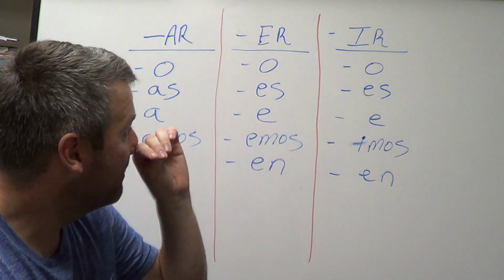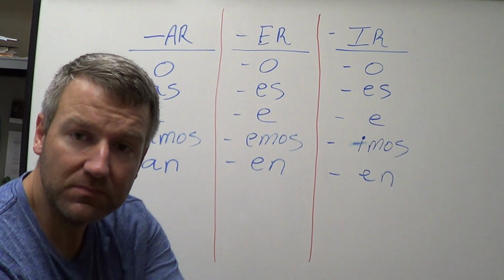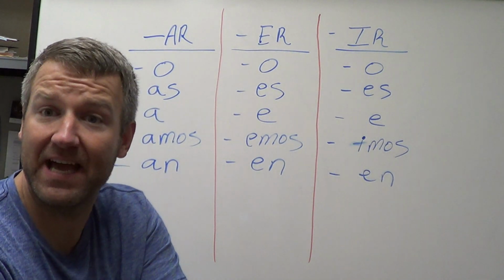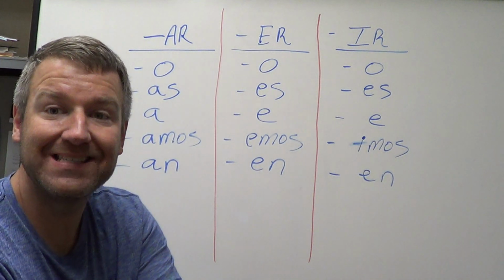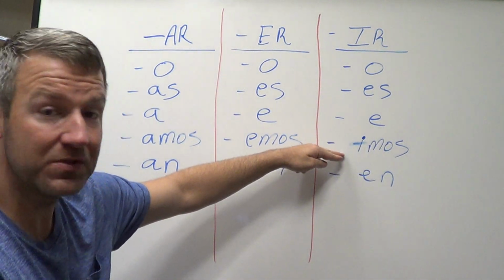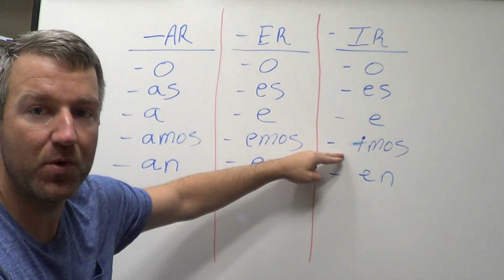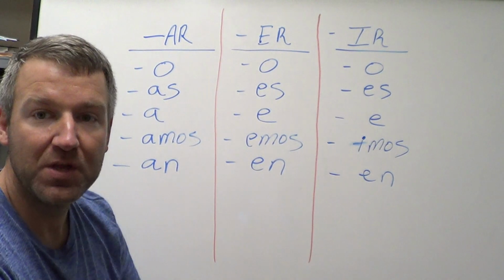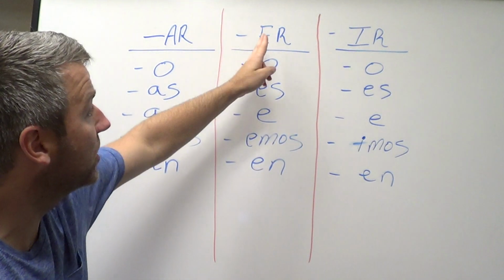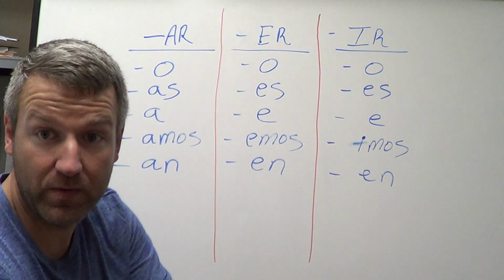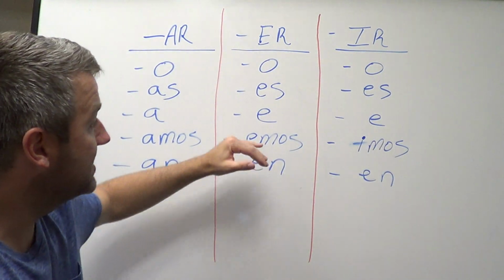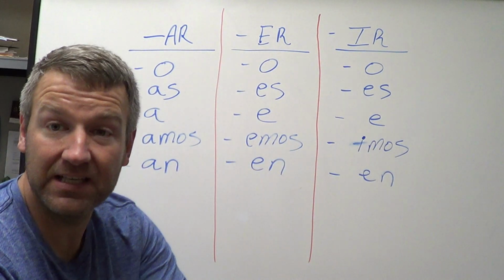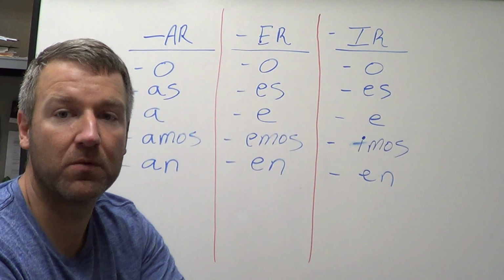And finally, for IR verbs, again, we take off that IR and we attach what? O, es, e. In the nosotros form, be careful, it's imos, I-M-O-S, and then en. So you've noticed, guys, that essentially your ER and IR verbs for regular verbs are essentially the same in their endings except for the nosotros form.